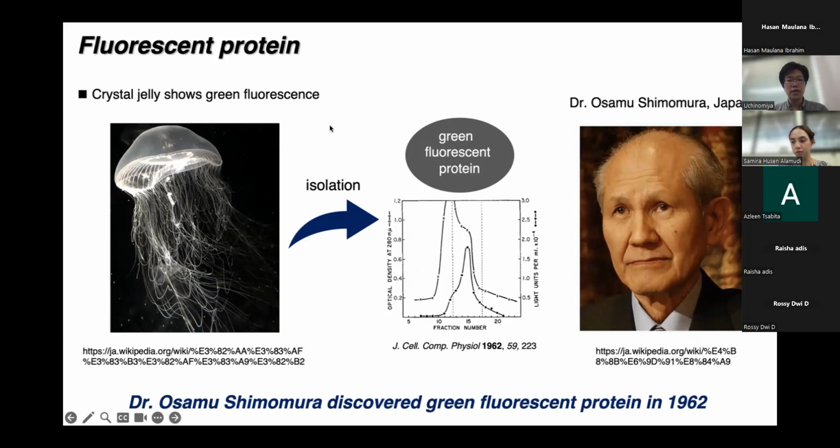Also, importantly, the researchers didn't have a clear idea how to use this protein for bioimaging. So at this time, the green fluorescent protein was just a scientific discovery.